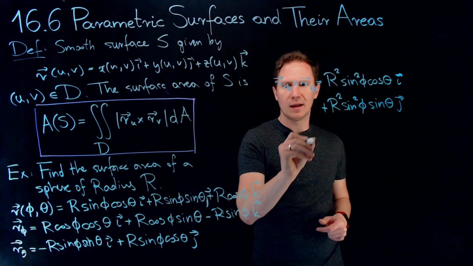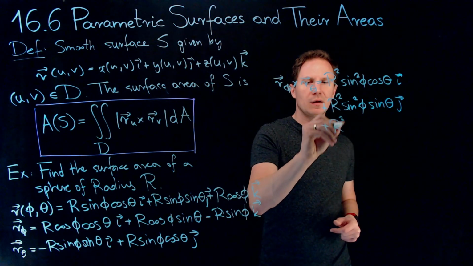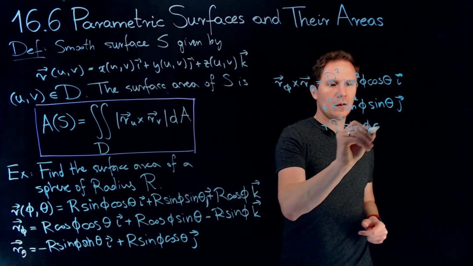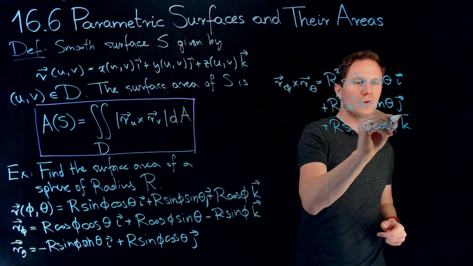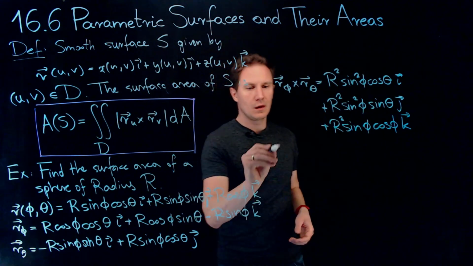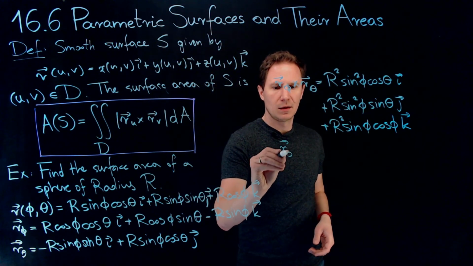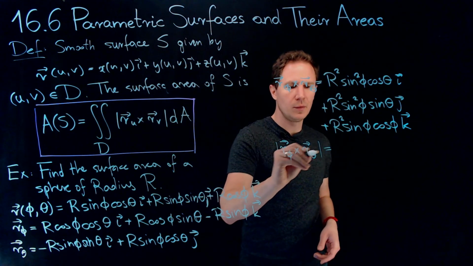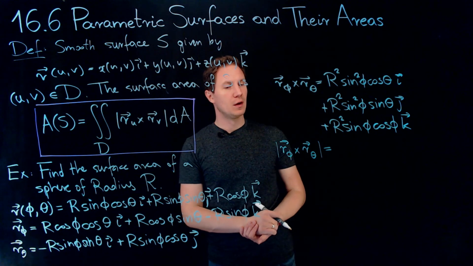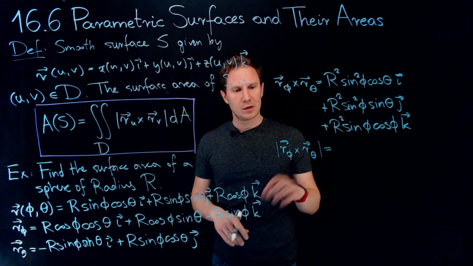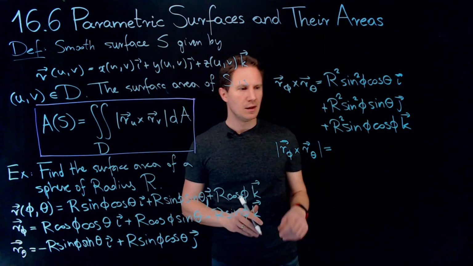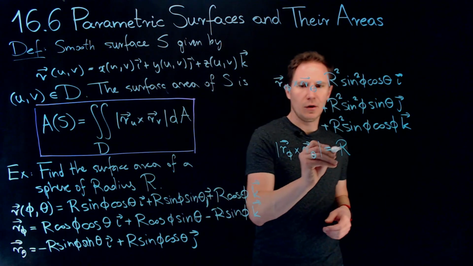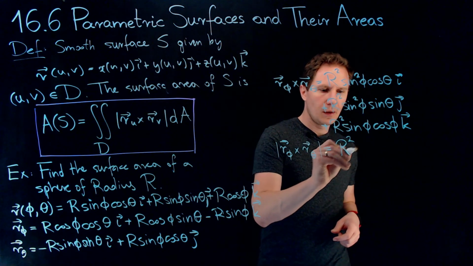And finally we get plus R squared times sine of phi, cosine of phi for the k component. The length of this cross product, we have computed before when we looked at the Jacobian of the transformation from spherical coordinates to Cartesian coordinates. This has a length of R squared times the sine of phi.